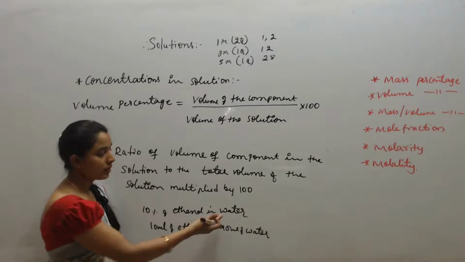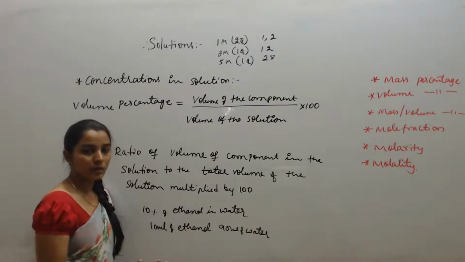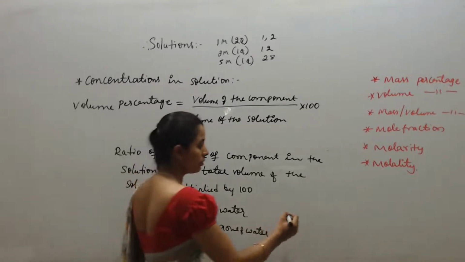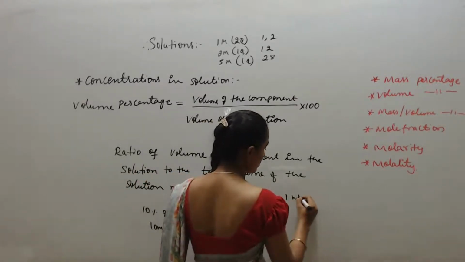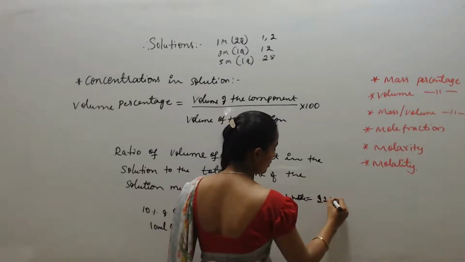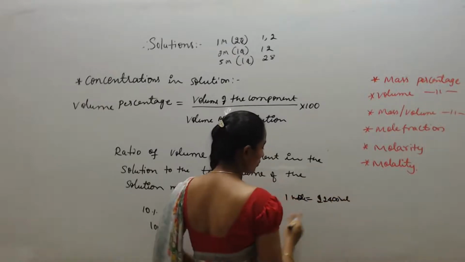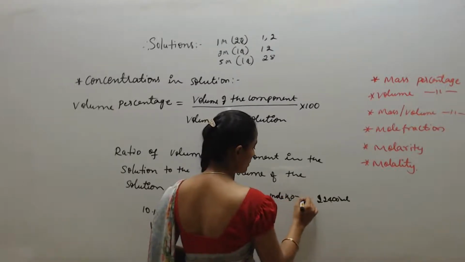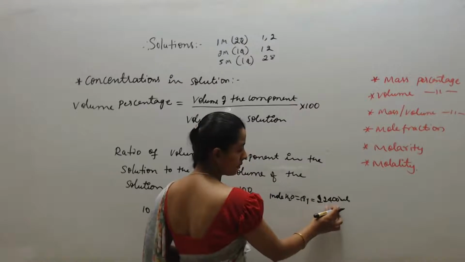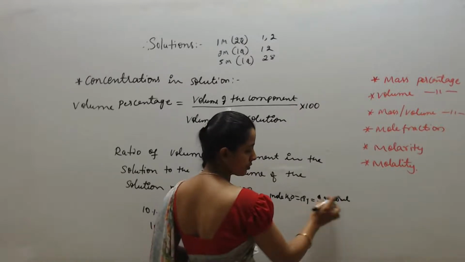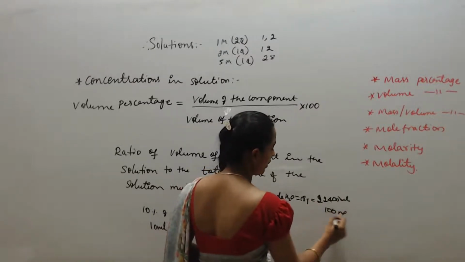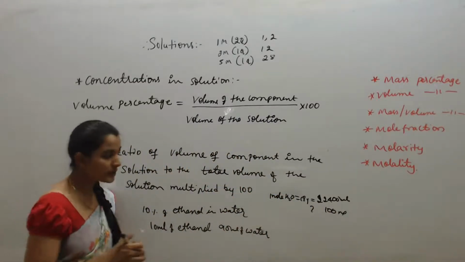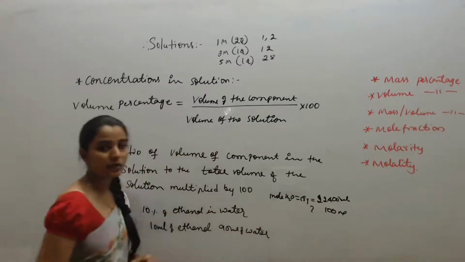For example, listen, 1 mole of gas is 22,400 ml. 1 mole of H2O means 18 gram. So 18 gram is present in 22,400 ml, so for 100 ml how much? Like this we can convert, students. We can get the mass of liquids by comparing with the standard values.